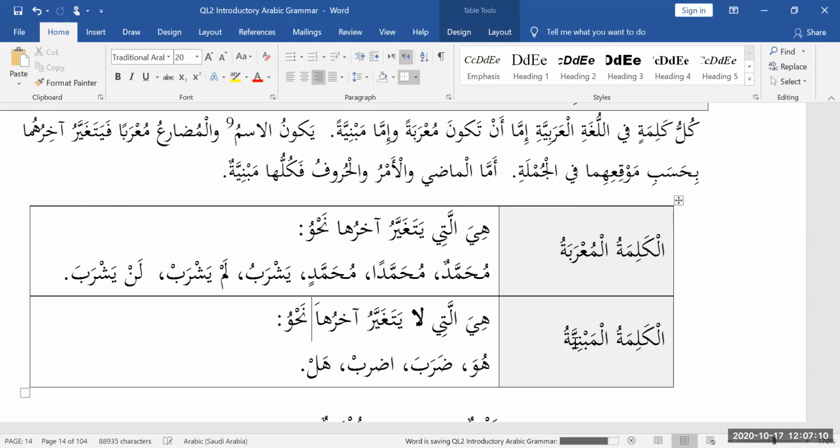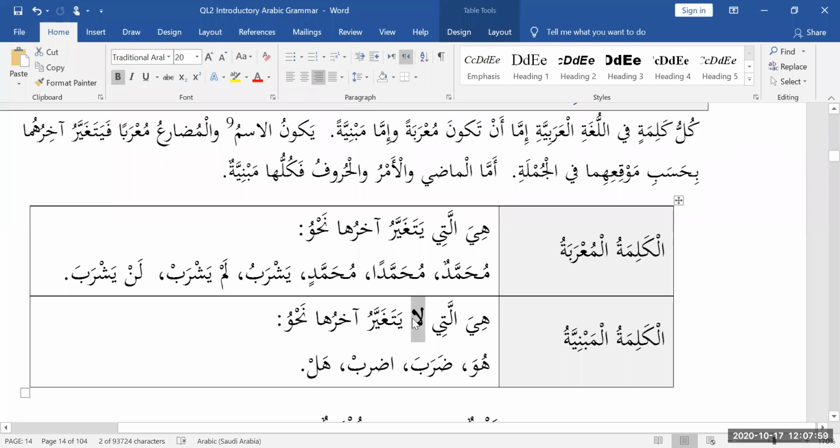These are the words whose endings don't change. لا يتغير, that's the key word. لا يتغير آخرها. Examples are هو, which are pronouns. Pronouns don't change. We'll look more at the type of words that change.